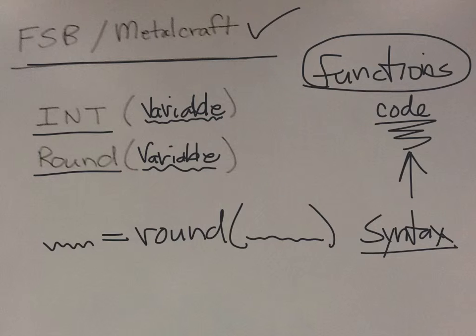And then the computer will look up this location, bring it up to the processor, round it, and in most cases 0.5 and above would go up, and then it would take what it calculates from here and store it here. And there are all kinds of functions that we can use.